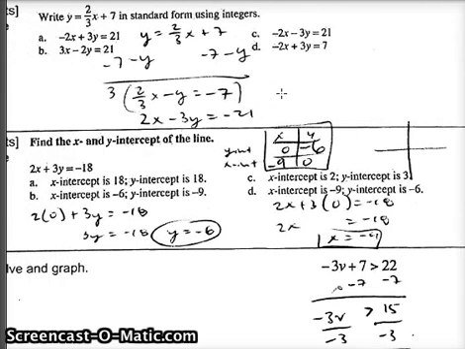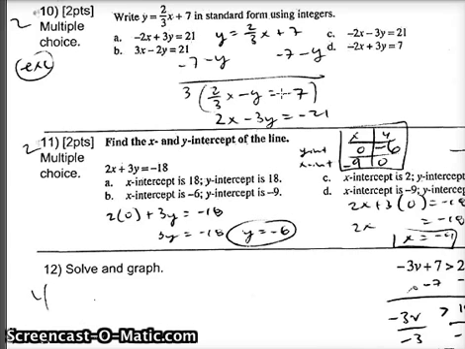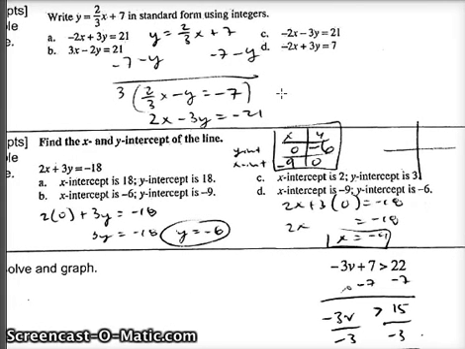Question number 11 says find the x and y intercept of the line. Remember, when you're finding the x and y intercepts of a line, to find the y-intercept you're making x equals 0, and for the x-intercept you're making y equals 0, so you're doing 2 separate problems. Remember, if you see those keywords intercepts, you can just make this little table with an x 0 and a y 0.